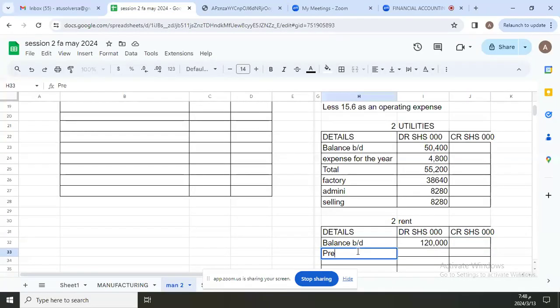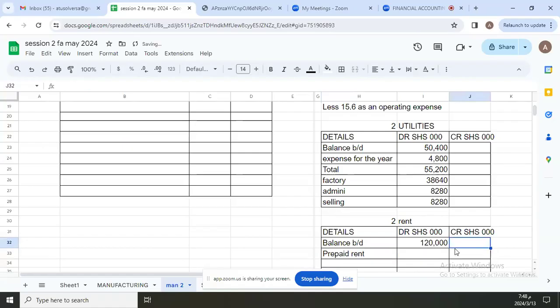So I will come here, I write prepaid rent. My prepaid rent will be what? 21,600. Is it what we've done? Sorry.